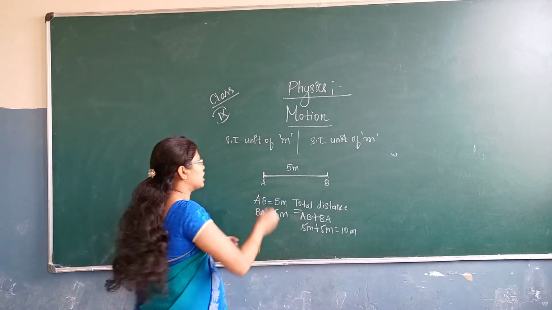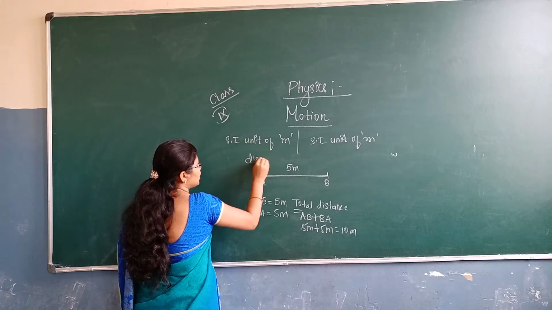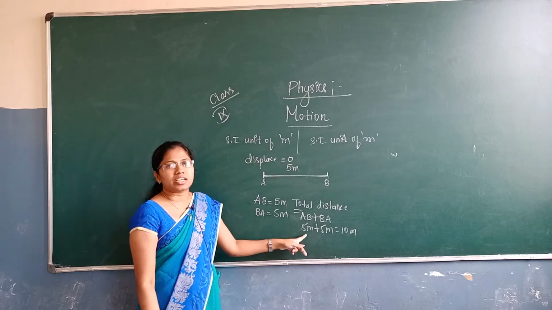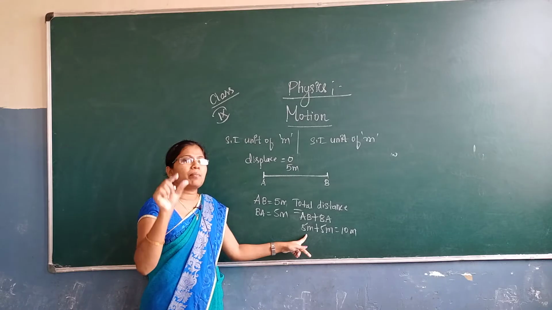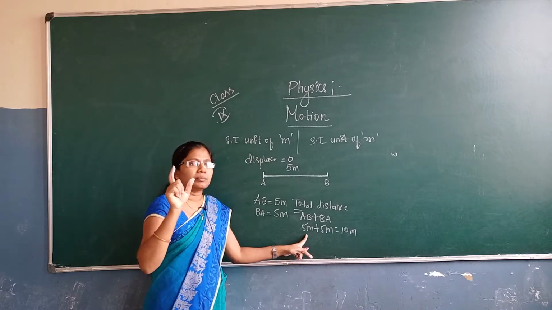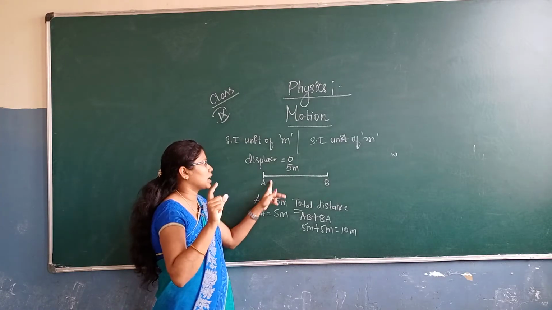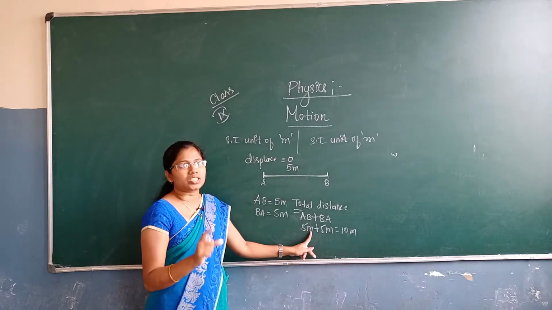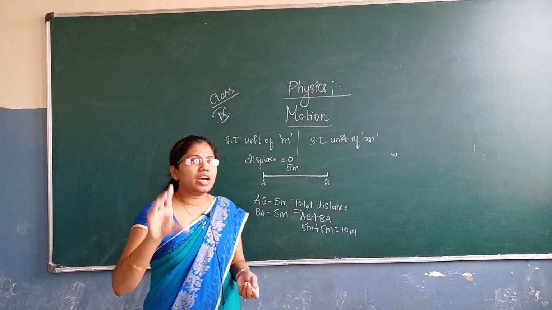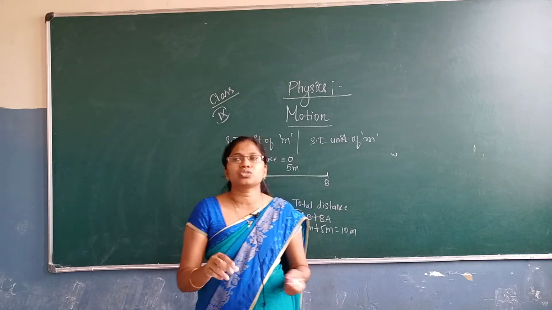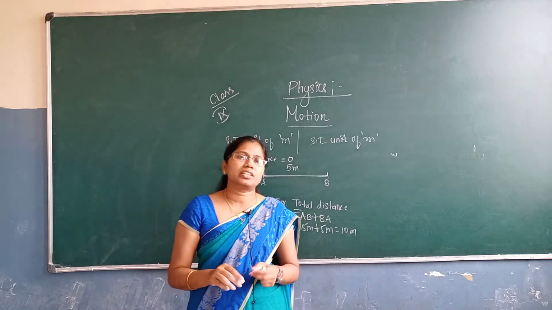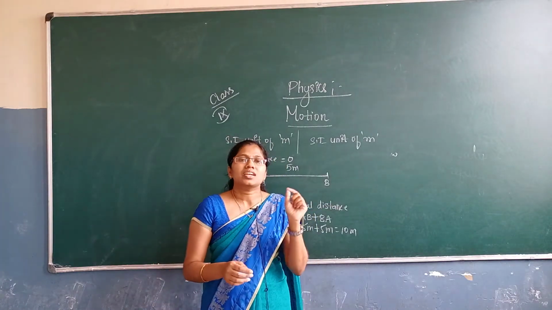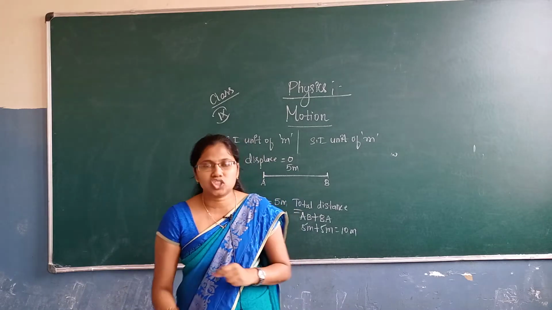When they coincide, the displacement will be 0, but not the distance traveled. These are the important points regarding the two physical quantities that we learned in the last class, distance traveled and displacement.